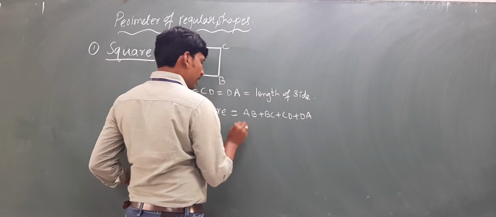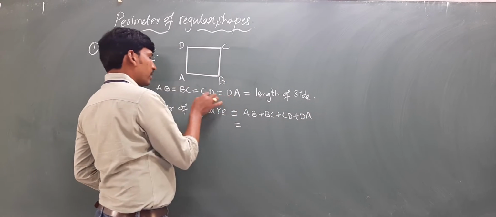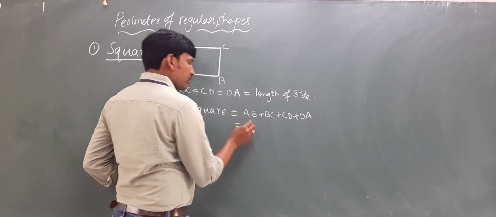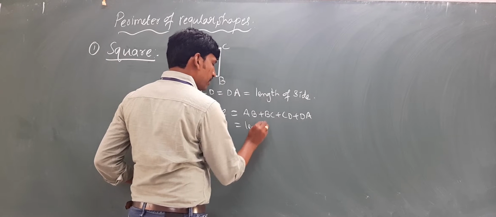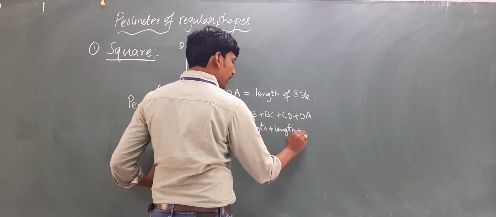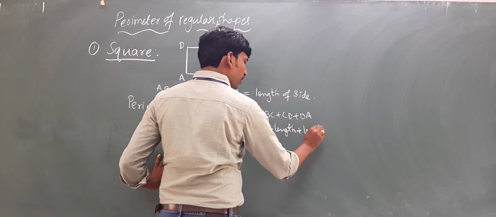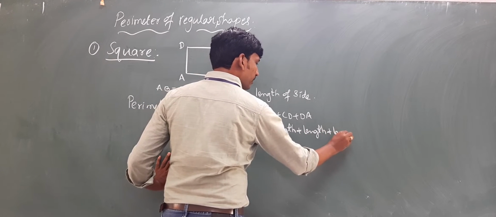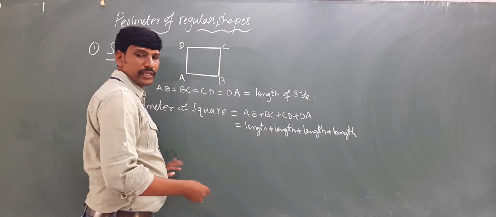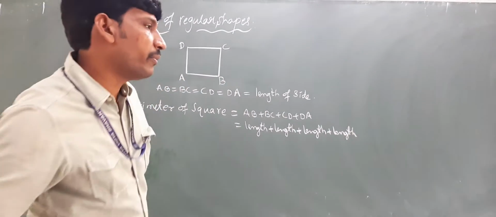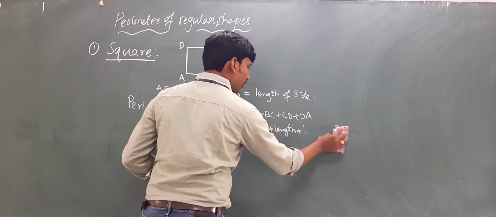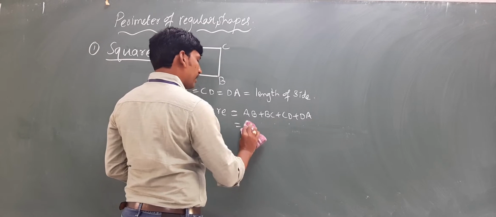All are equal to each other, so this is length plus length plus length plus length, or side. Better to take side instead of length.